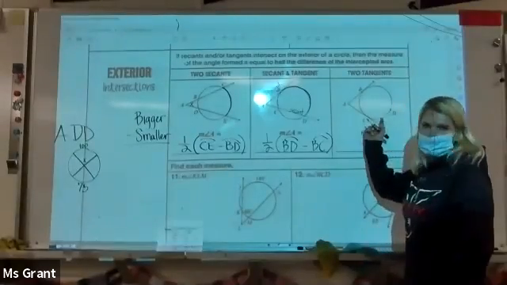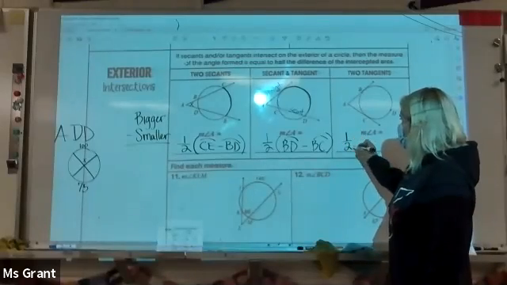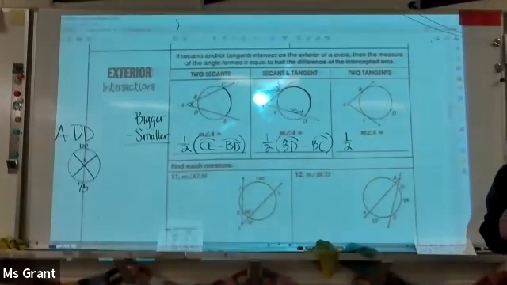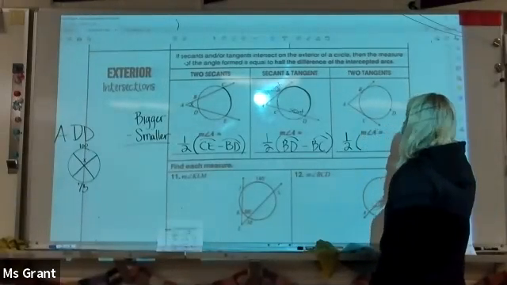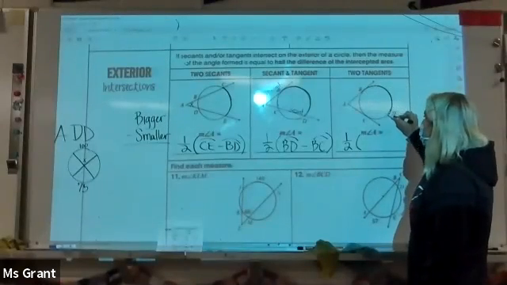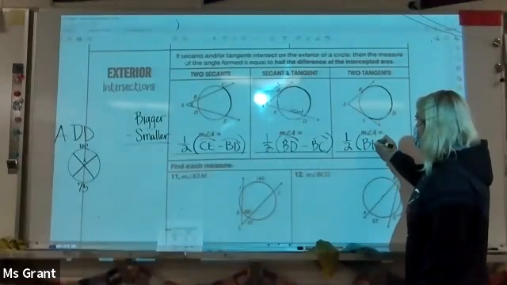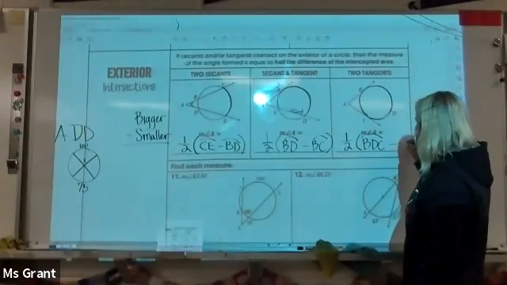These are my two tangent lines, and angle A, the exterior angle, is found by doing 1/2 of BDC minus BC.